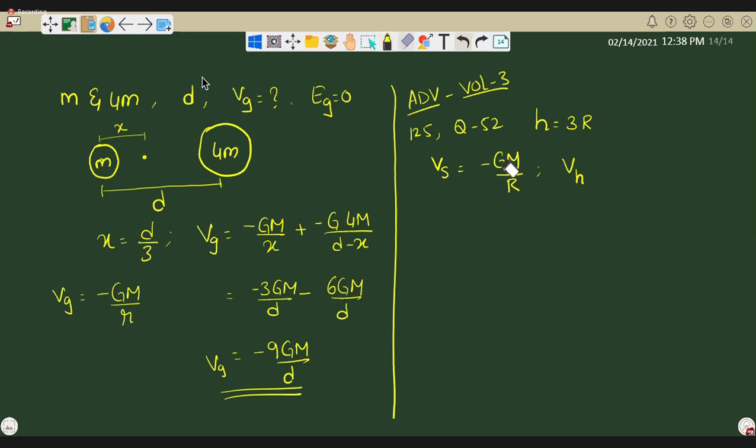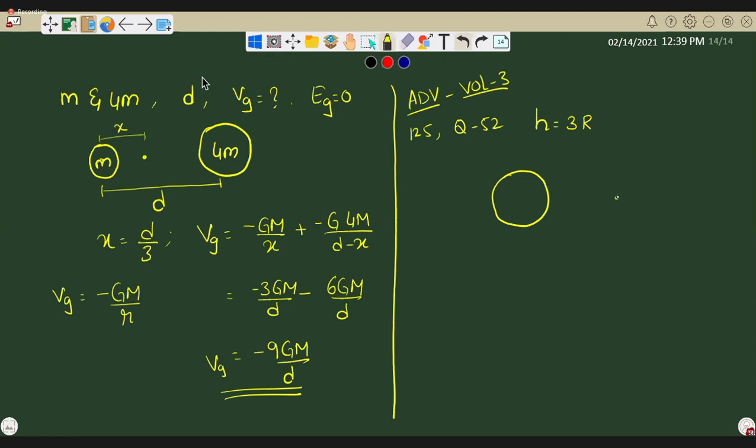See, once again, I'm telling you the concept. Listen very carefully. He clearly says that the particle is at a distance of 3 times the radius of Earth, right? Yes, sir.